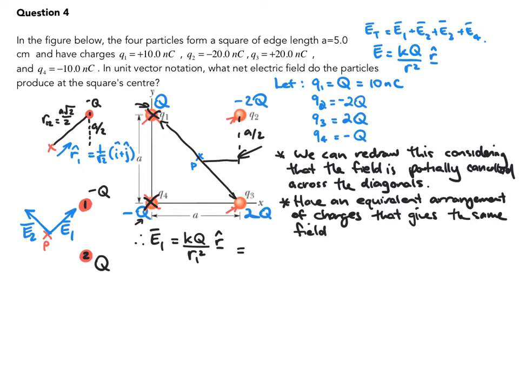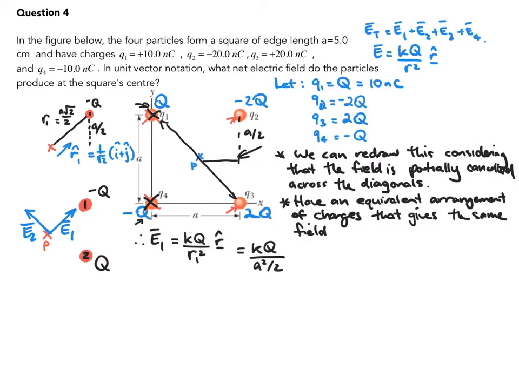So that's equal to K, Q, R1, sorry, this should just be R1 up here, not R12. Let's not confuse things. So R1 squared is just going to be A squared root 2 squared over 2 squared, which is going to be A squared on 2.